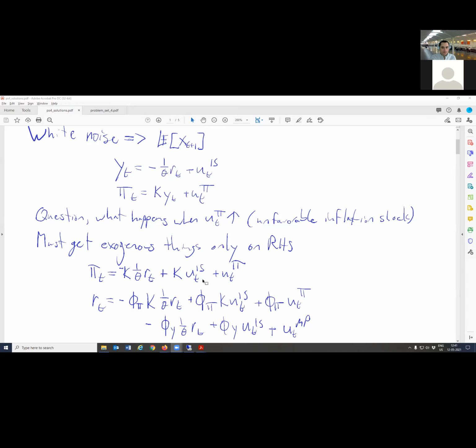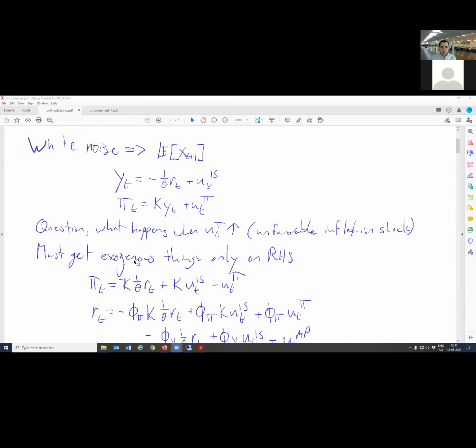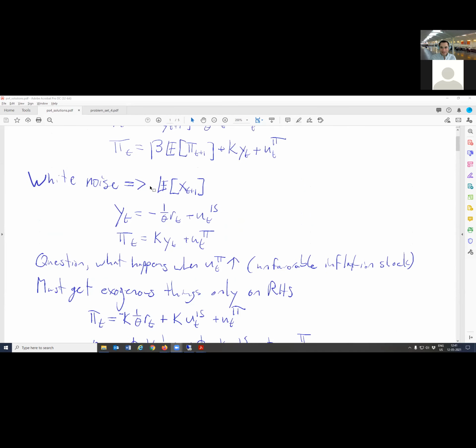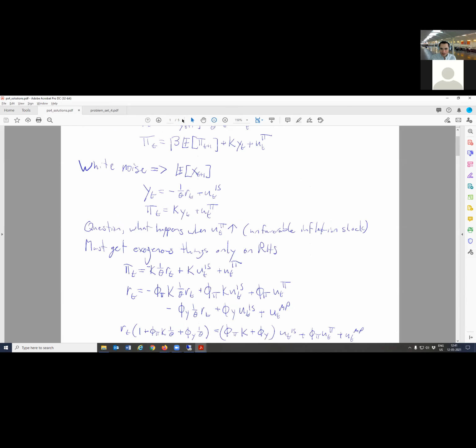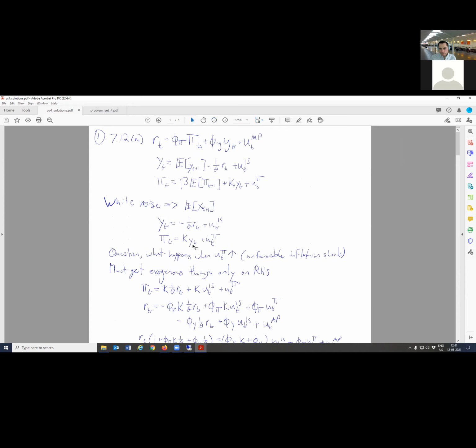Okay, next, what are we going to do? Well, we're going to go down to our equation for r t. So I scroll up now. Sorry about the scrolling, things are a little big. Maybe I can make it a little smaller just for a second so I can refer to these at the same time. So here we have pi t in terms of r t and exogenous things. Up here, I've got r t in terms of pi t, y t, and exogenous things.